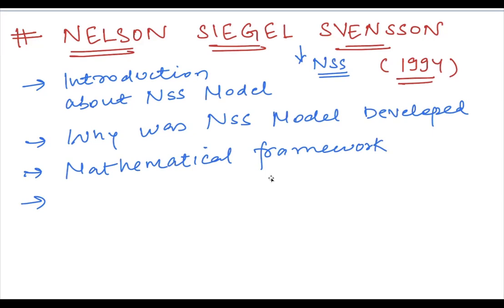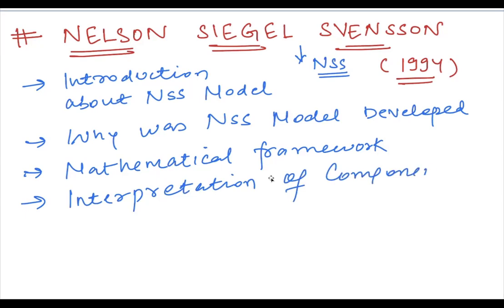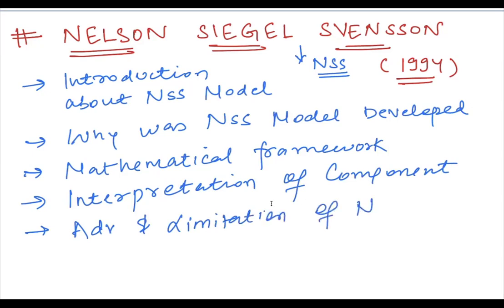And in the mathematical formula, there are different components of it. So we'll understand what are the interpretation of the components, followed by what are the advantages and certain limitation of this NSS model.